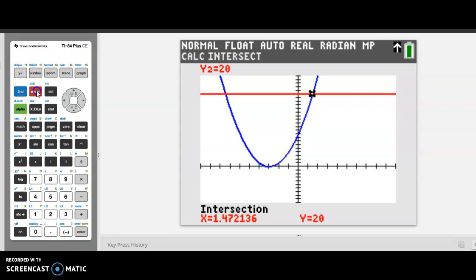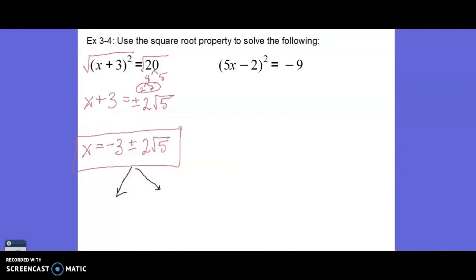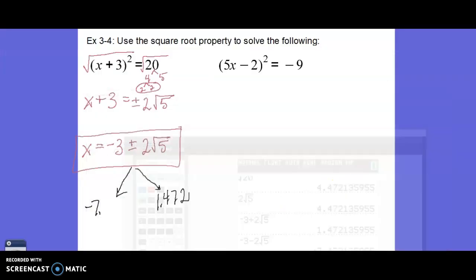If I go back to the home screen, 1.472. So what we're doing is we're finding out where these two curves intersect, the values of x that make that equation true. And I forgot what the other one was, like negative 7.472.